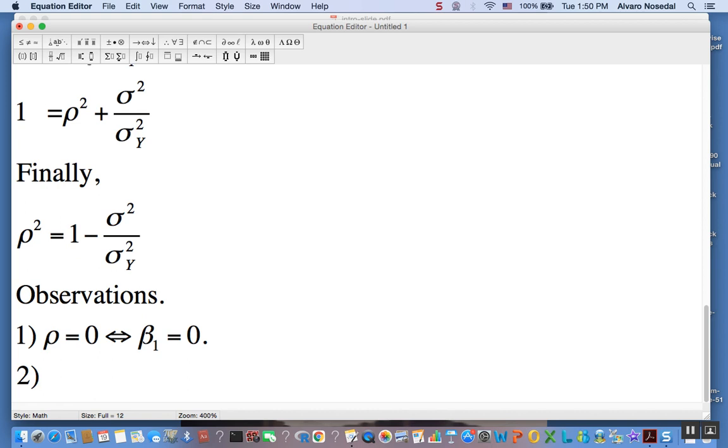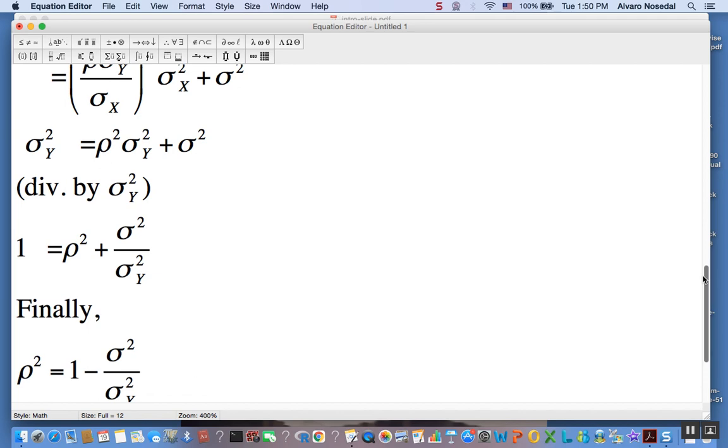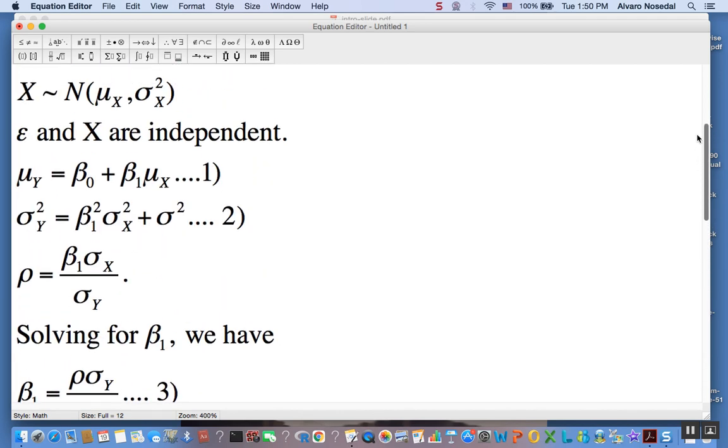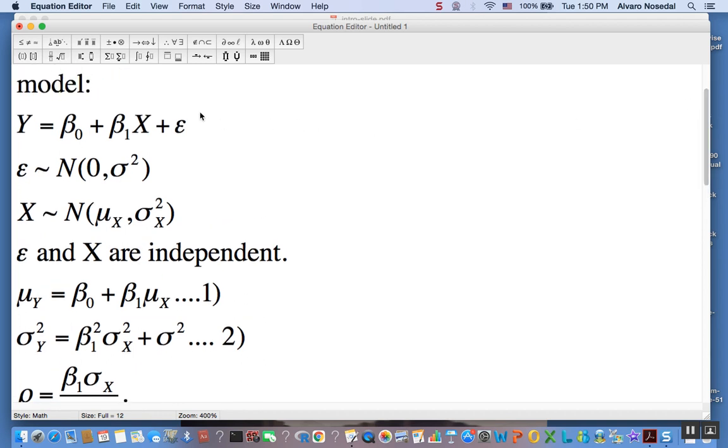Observation number 2. Remember that we have an expression for the variance of y, just from what we had before, from our model. Once you find the variance of y, it's given by this, right? And note that it's the sum of two non-negative terms.